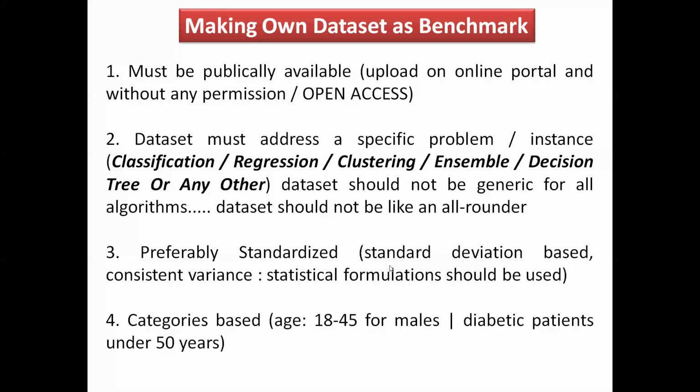It should not happen that few records are related to children, few records are related to senior citizens, few records are related to some other age group. So particular guidelines should be followed. If your collected data set is following all of these guidelines, in that case you will be able to present your data as benchmark, and then you will be able to work on your data sets.